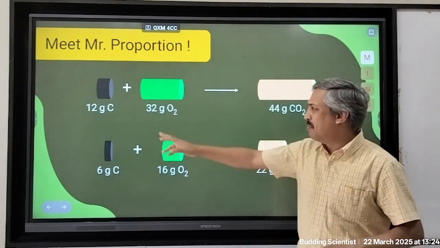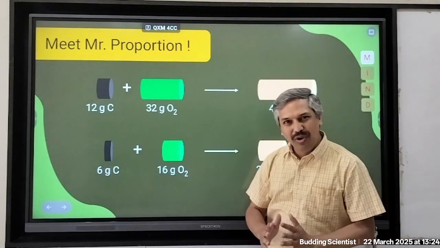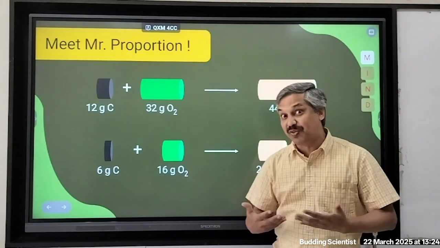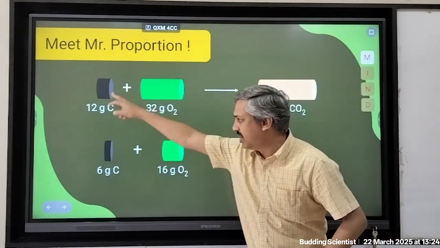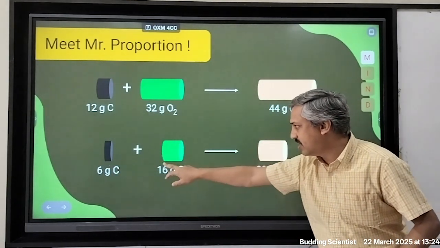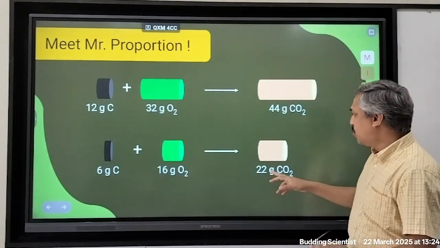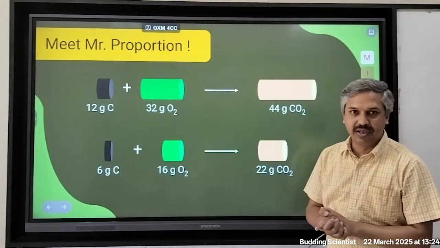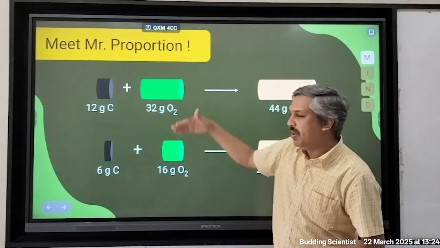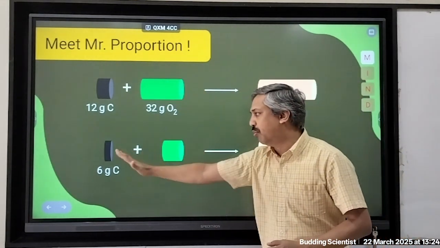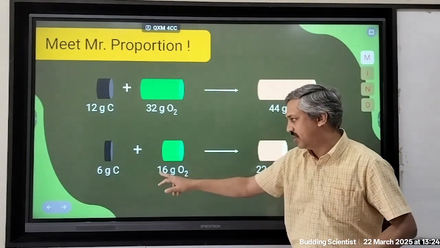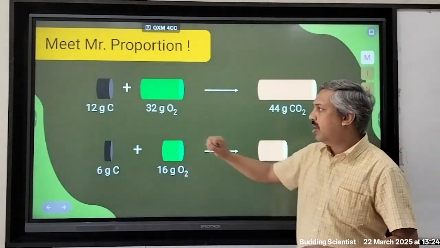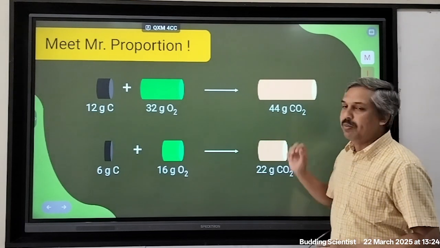Some will say it is simple addition. Is it really only addition or is there something else? Let's find out. He reduced the masses to half. So 6 grams of carbon and 16 grams of oxygen produce 22 grams of carbon dioxide. Although the masses are now becoming half, so there might be some proportion about it, or there might be only addition as well, because the addition of 6 and 16 is also 22. 12 and 32 is also added to be 44.